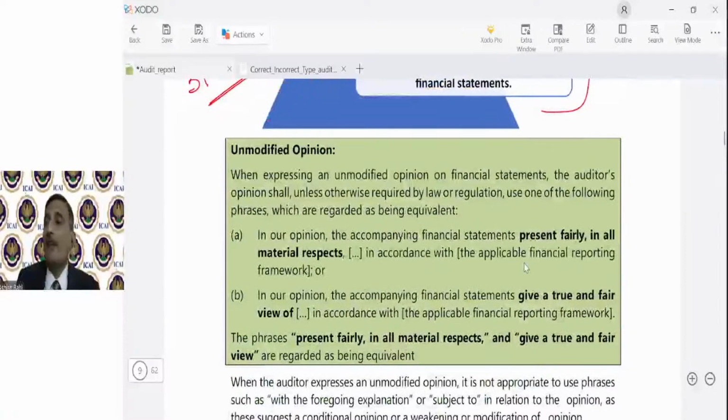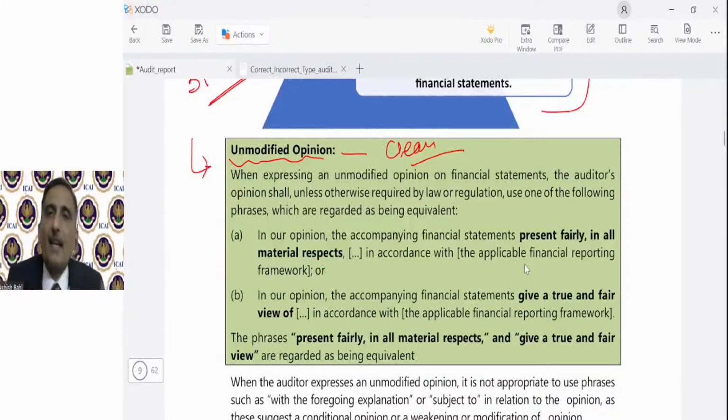Now when the auditor gives an unmodified opinion. Here we are talking about unmodified opinion. You can understand it's clean. The auditor gives a clean audit report. He does not express any reservation. The opinion is unconditional. He has not found any wrongdoing.